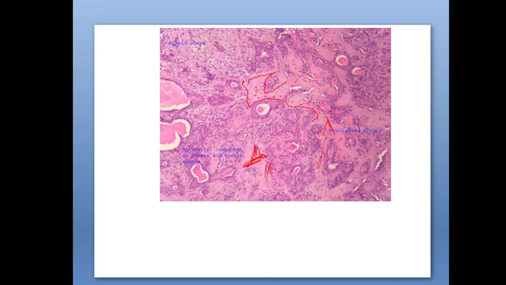So prominent hyalinization, the more the hyalinization of the cells, the worse the prognosis, and there are chances of more recurrence. In this area we are seeing the sheets of cells, and these are prominent cyst-like areas. Here again there are sheets of cells.